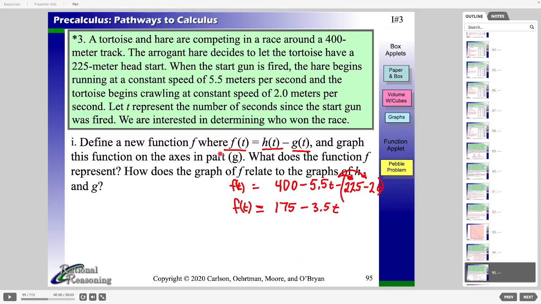And again, what that's going to give us at any given time is the distance between the two. Did I do that right? This goes here. 225. 400 minus 225 is, oh wait, no, 175.